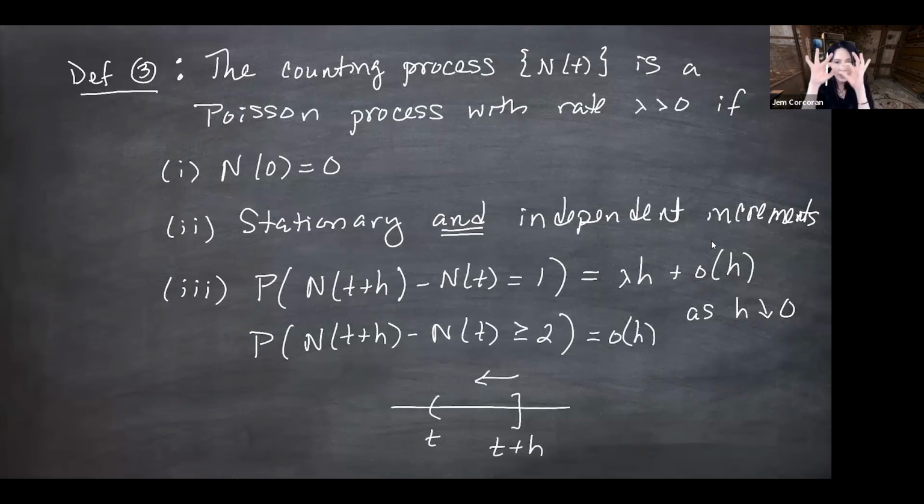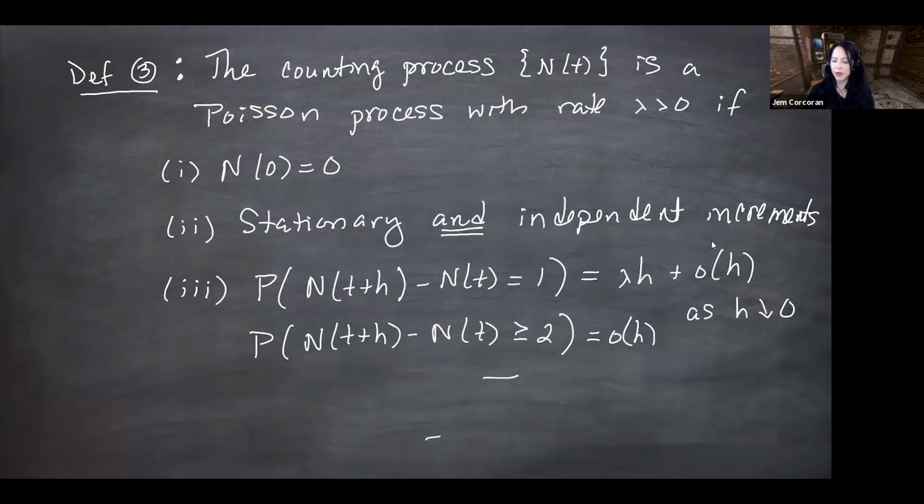The probability of getting 2 arrivals is shrinking to 0, and it's shrinking kind of fast. It's not like exponential, but it's faster than h is shrinking. So informally, we can get 2 or more events in an infinitesimal interval. We actually can't get 1 because things are continuous, but that's what the whole little o thing is about.